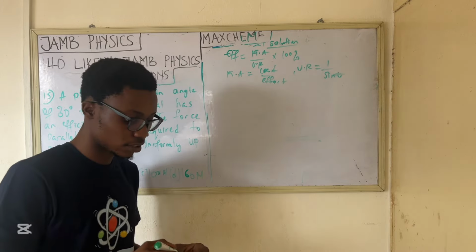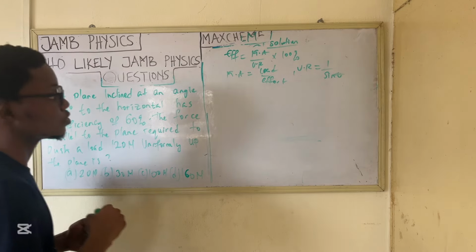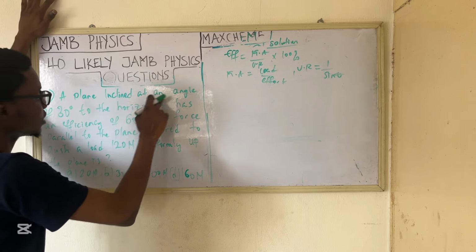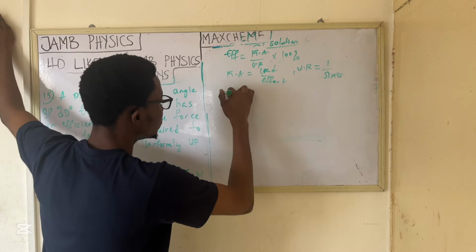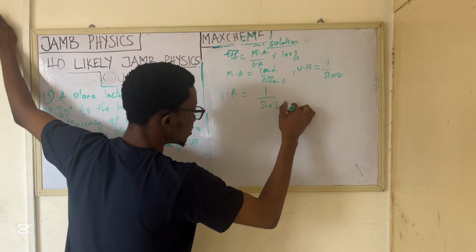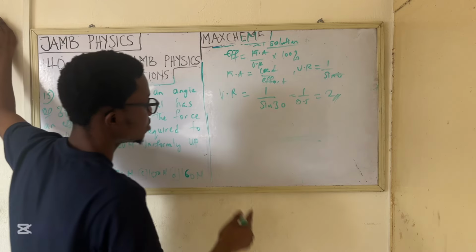So let's put the values of our parameters there. A plane inclined at an angle of 30 degrees. So to get the velocity ratio, it gives us 1 over sine 30, which is 1 over 0.5, which is 2. That is the velocity ratio.